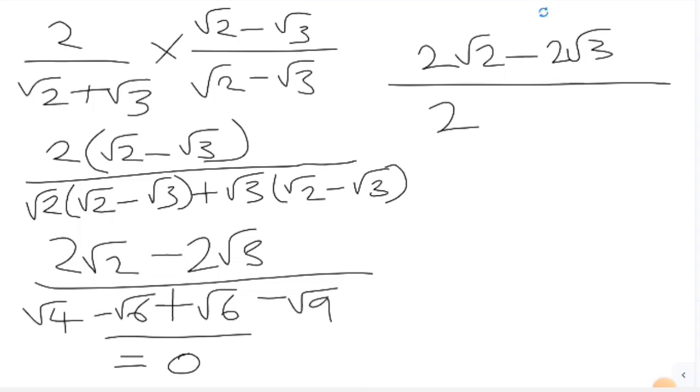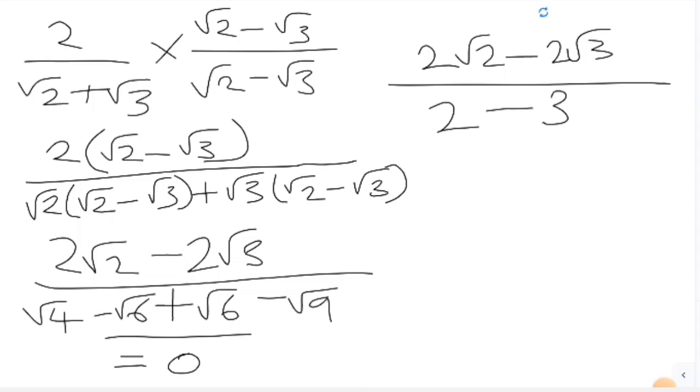Next, I'm going to indicate my minus here. So we have minus root 9, minus the square root of 9. The square root of 9 is 3, if you punch your calculator. So we got 3 here.